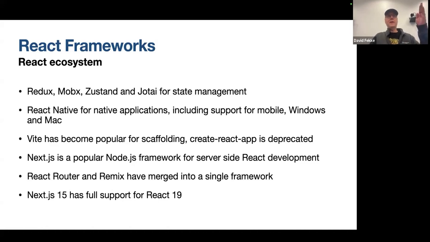It started off as iOS and then Android, but like I said, people are building Mac applications and Windows applications using React Native now. Vite has also become a very popular tool, not just for scaffolding, but also for handling your builds and all of your Babel-type transpilation.